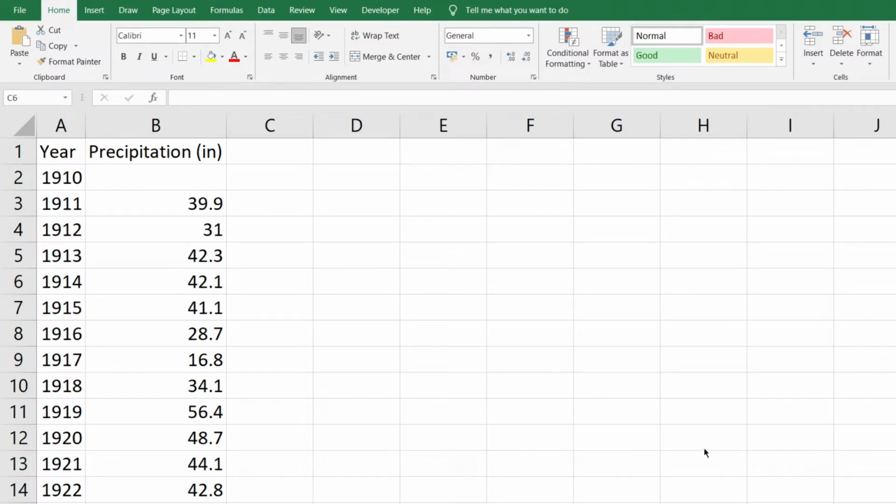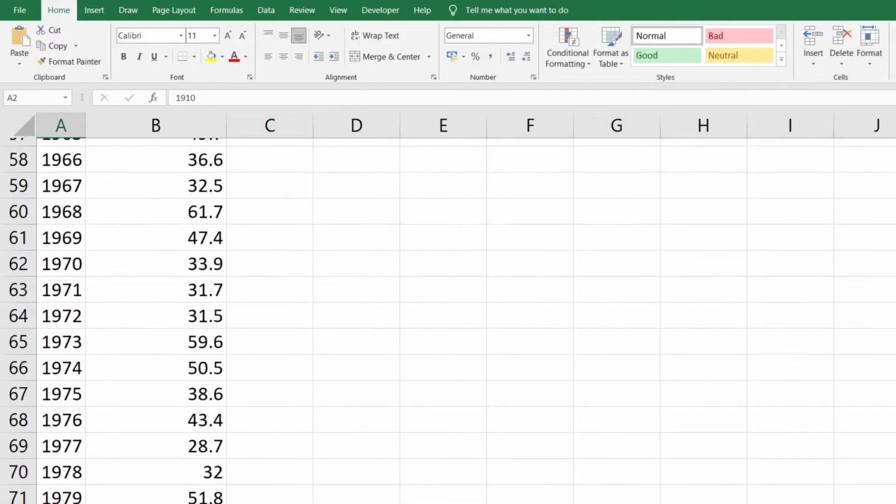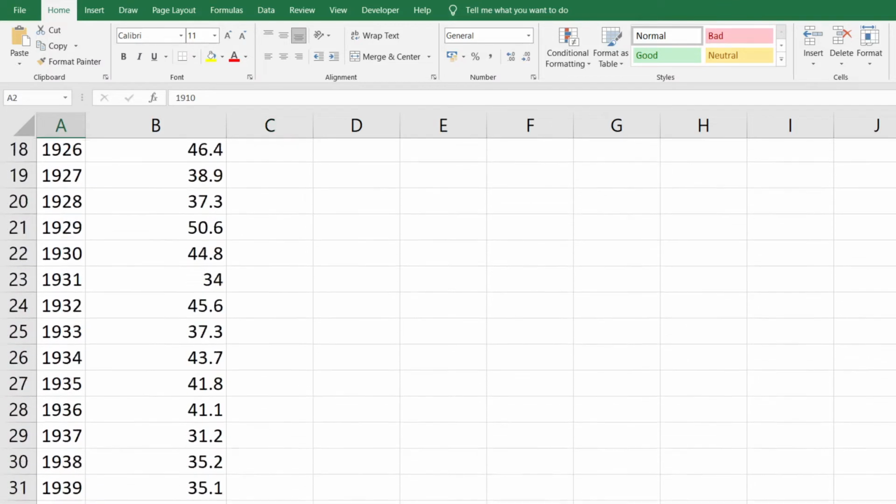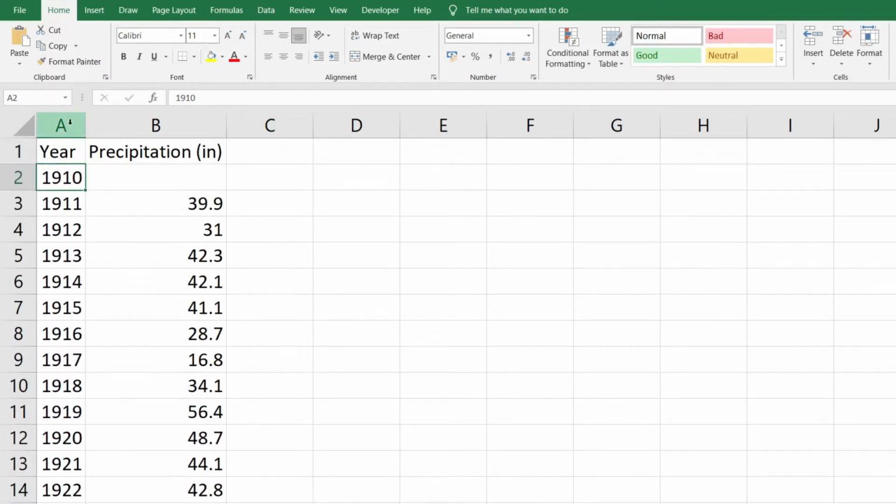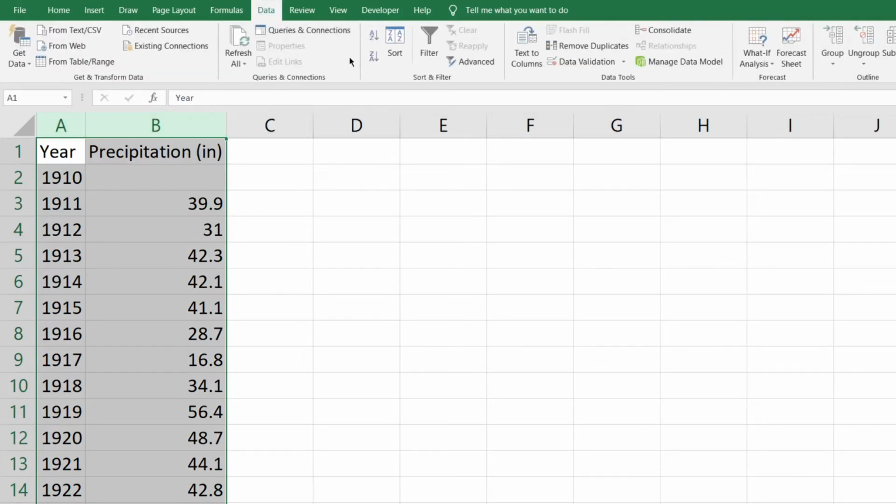Now to do this, it is easier for us to use Excel. I hope every one of you has Excel in your computers. I have already encoded the data in Excel from 1910 to 1979. What I'm going to do is go to data and sort.